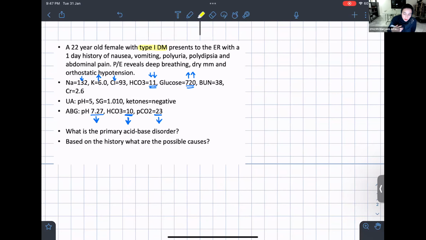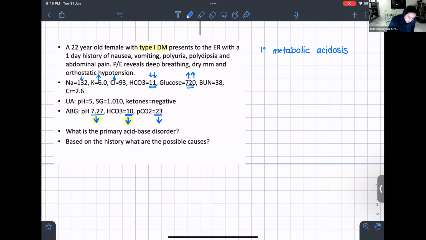Which two are in a compatible direction for a metabolic problem? pH and bicarb. So this tells us the first disorder is a primary metabolic acidosis.